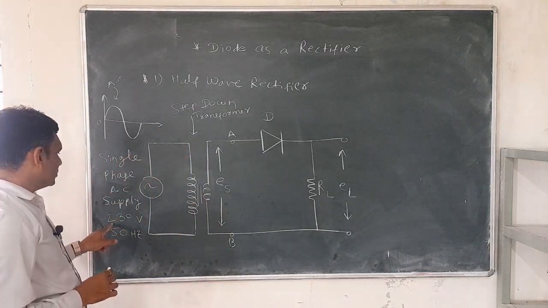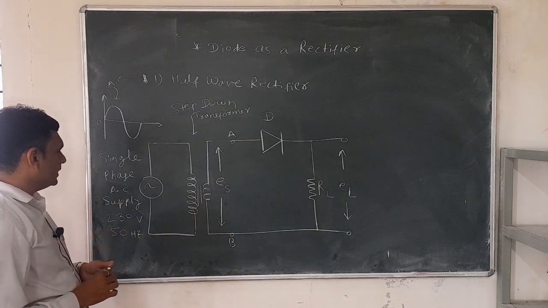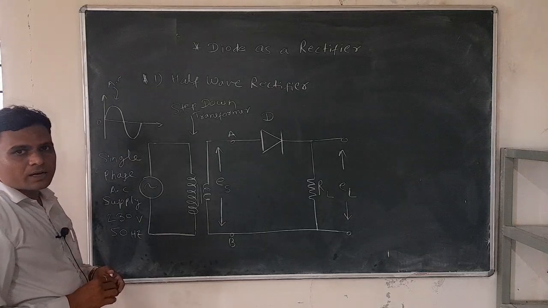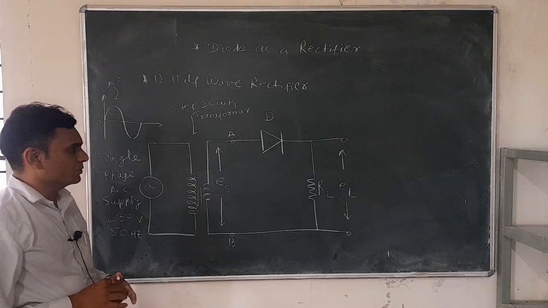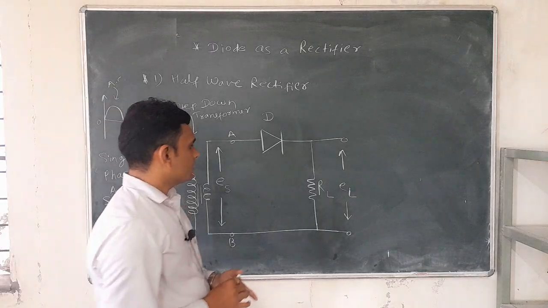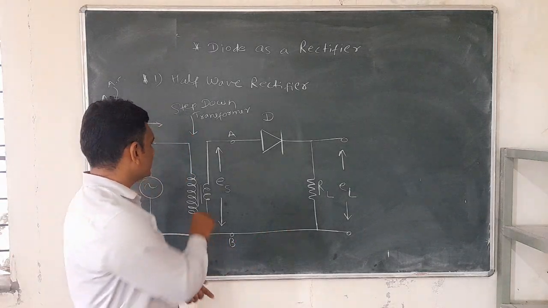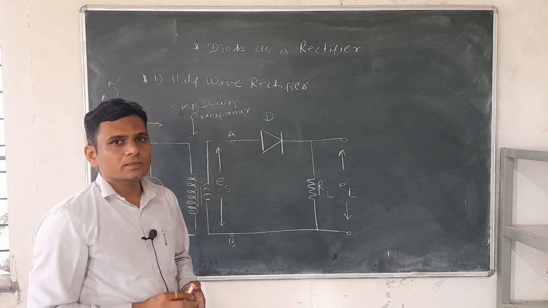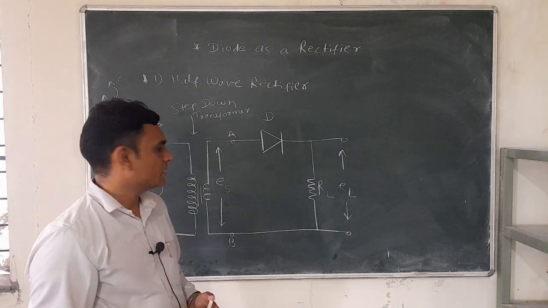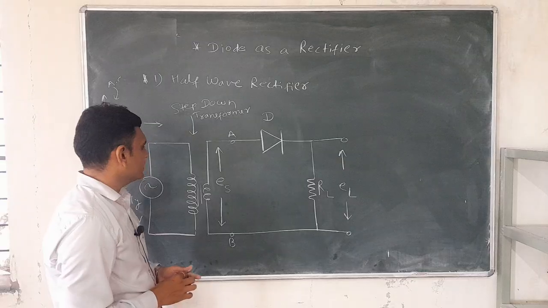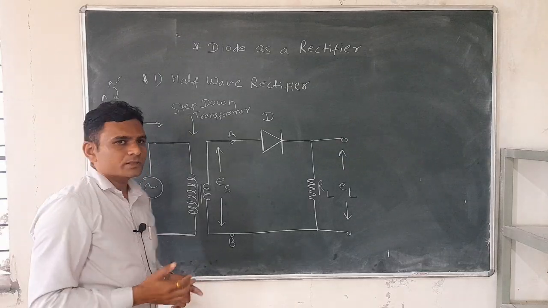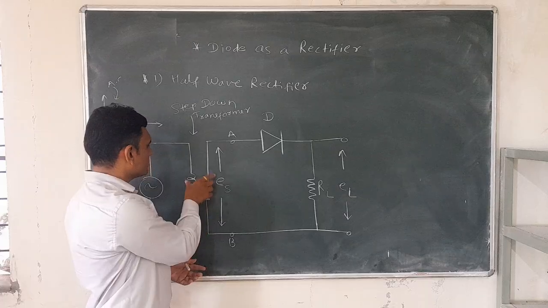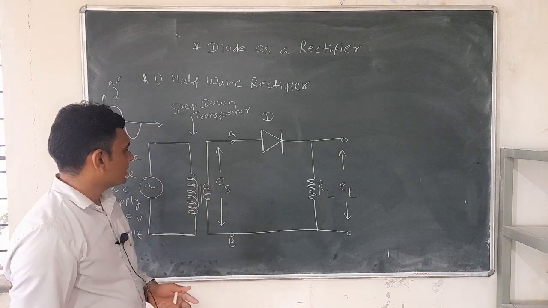So 230 volt is very high voltage, and this much voltage is not required. So initially that voltage is reduced as per the requirement. These step down transformers are available in different ratings and different output voltage ranges, like 6 volt, 9 volt, 12 volt. So as per requirement we have to select this step down transformer.